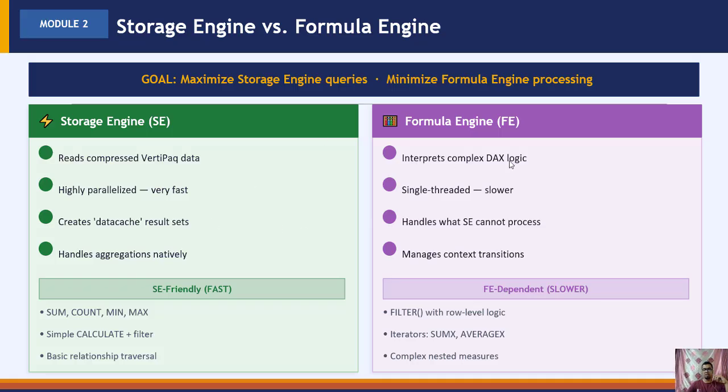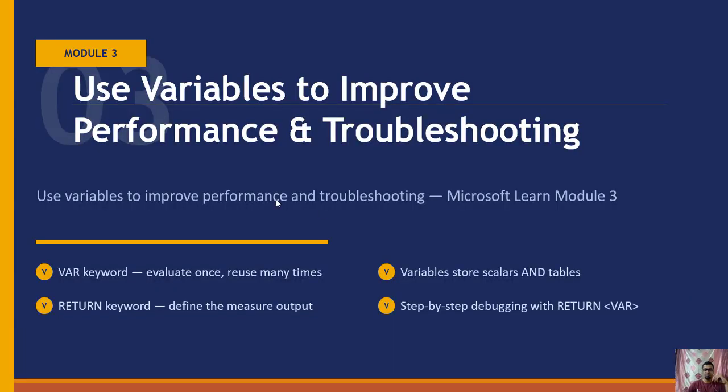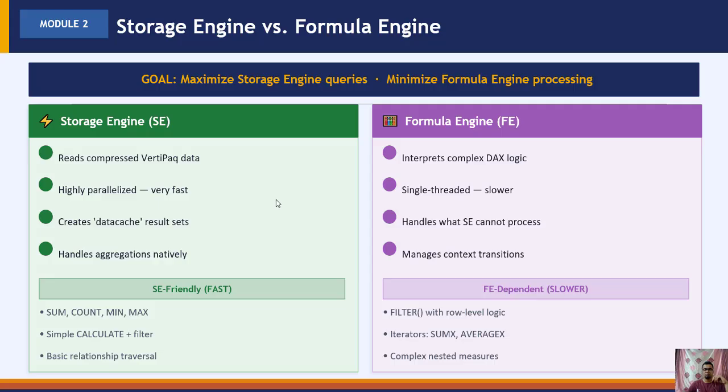On the other hand, the formula engine interprets complex DAX logic. When there is nested logic, it is complex, and to process that it takes time, thus increasing the time consumption and affecting the performance. So only if the storage engine is not able to take care of it does the formula engine process the data.